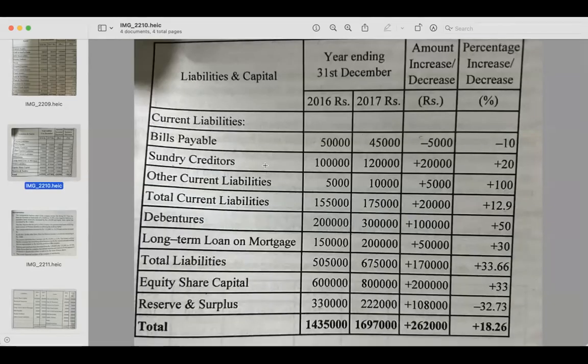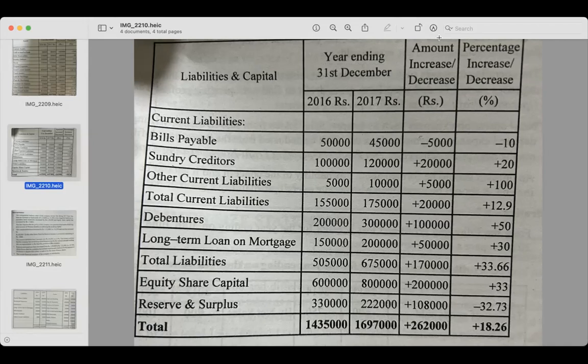You can go in any order, but to avoid confusion, whatever order is given in the problem, you can follow that order. But it is up to an individual analyst to follow whichever is convenient. Look at this. Bills payable 5,000, 45,000. Till here, it is the problem.